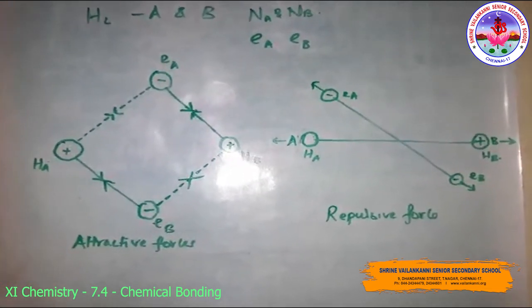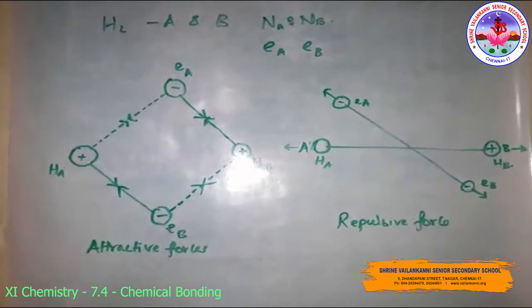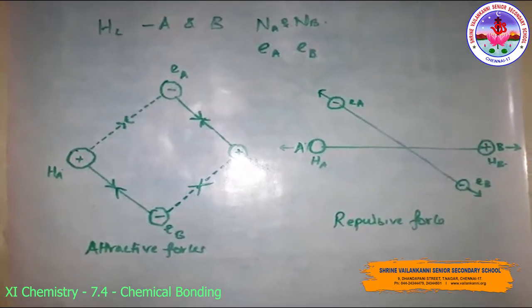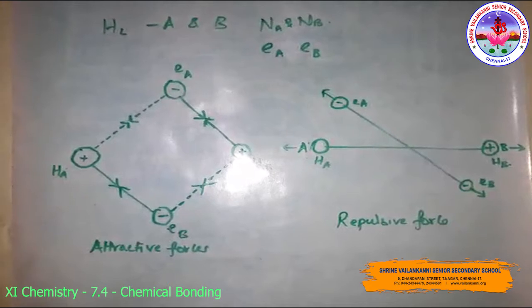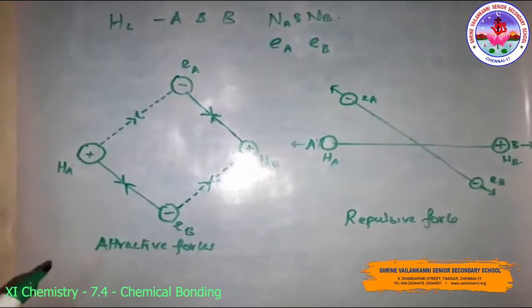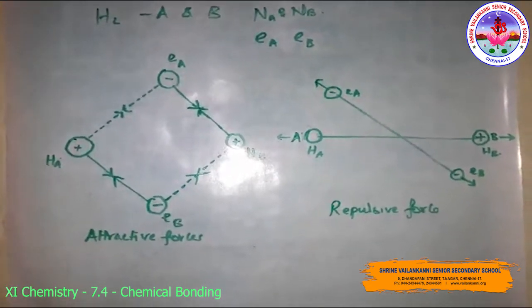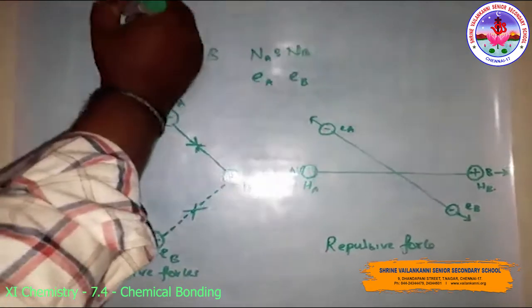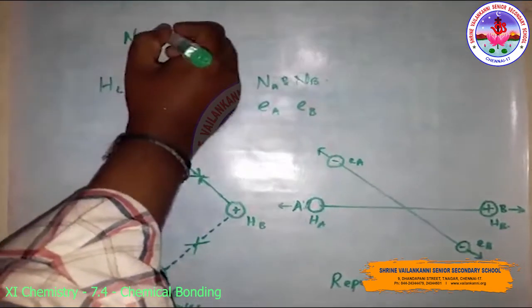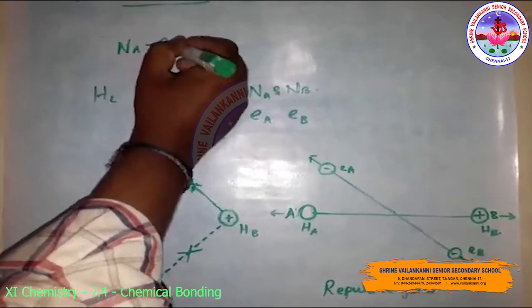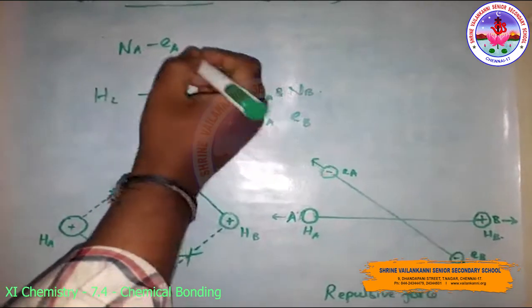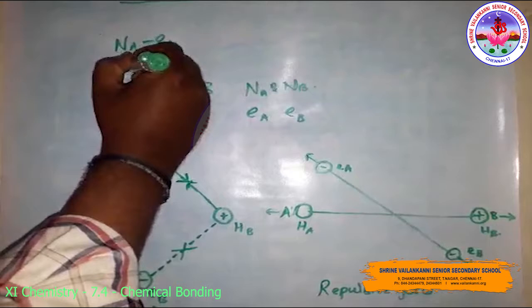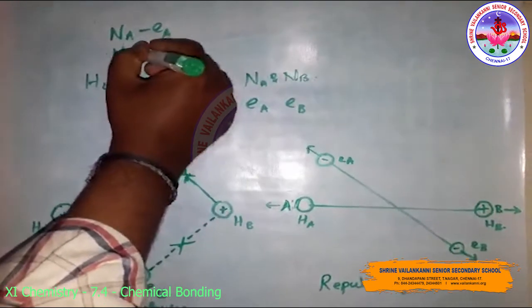First, the attractive forces arise between the nucleus of one atom and its own electron, that is Na minus Ea and Nb minus Eb.